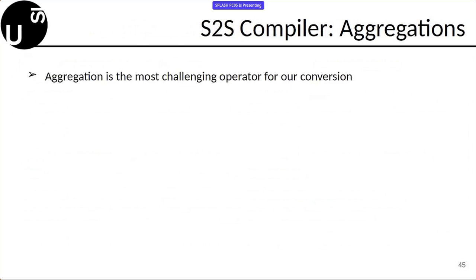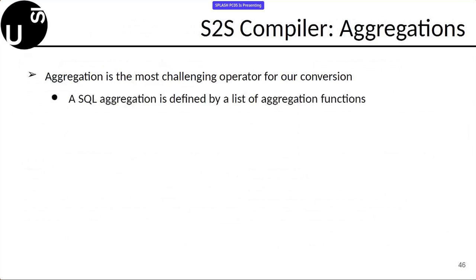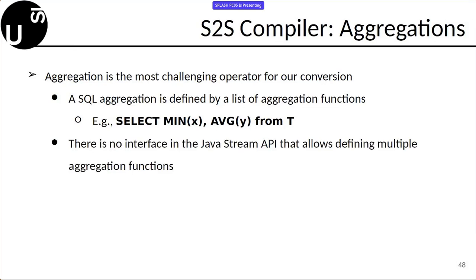As mentioned, the aggregation is the most challenging operator for our conversion. This is motivated by the fact that in SQL, an aggregation is defined by a list of aggregation functions. For example, we can select the minimum and the average of two different fields in a given table. However, there is no interface in the Java Stream API that allows us to do so.